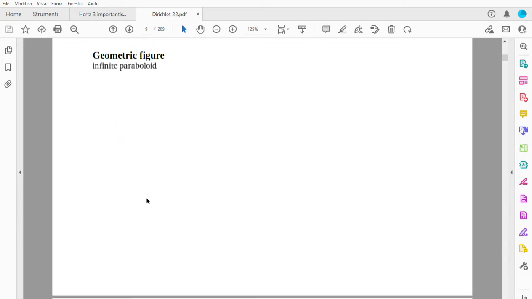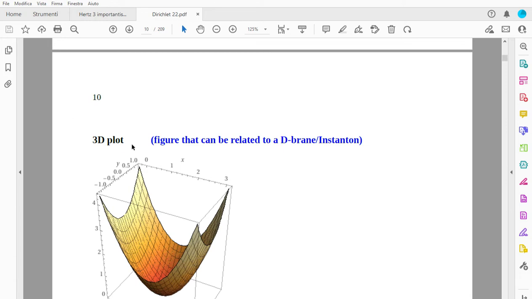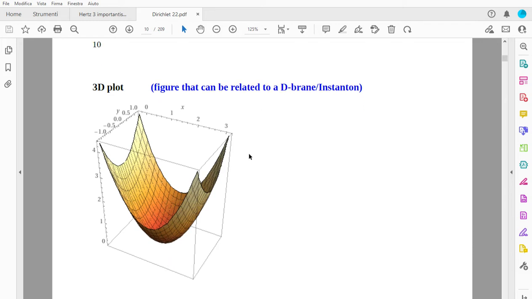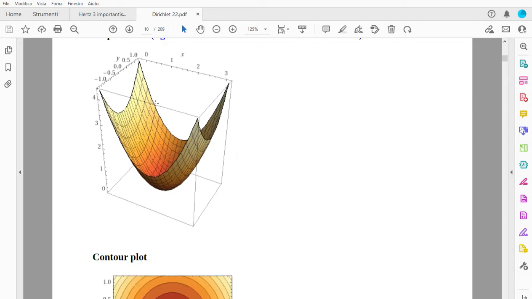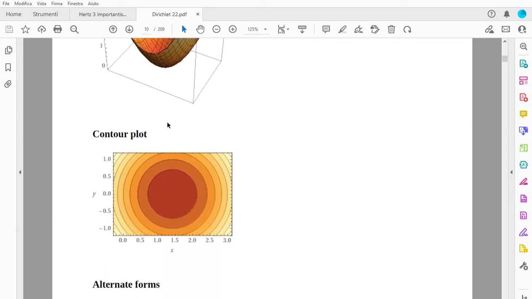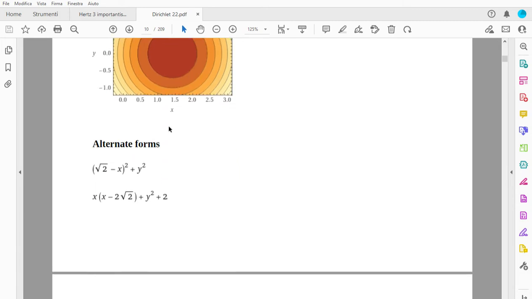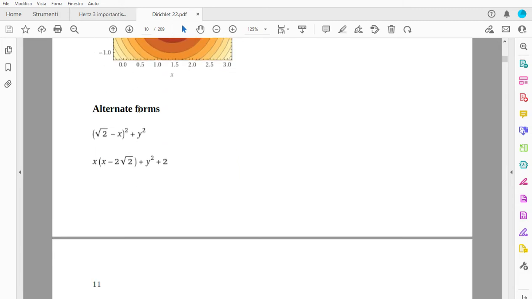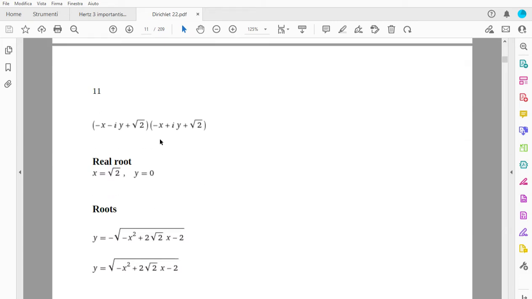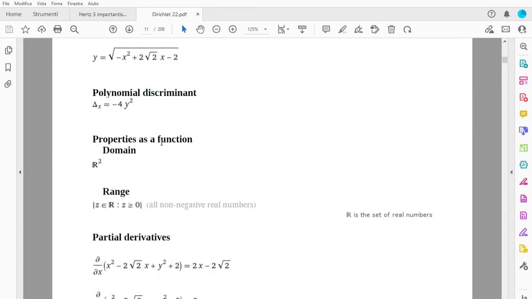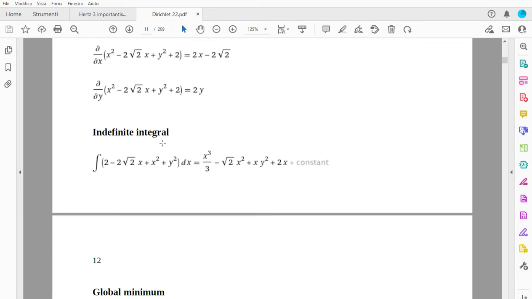We have the three-dimensional plot, a figure that can be related to a de Bruijn instanton. After we have also here the alternate forms, real roots, polynomial discriminant, and so on.